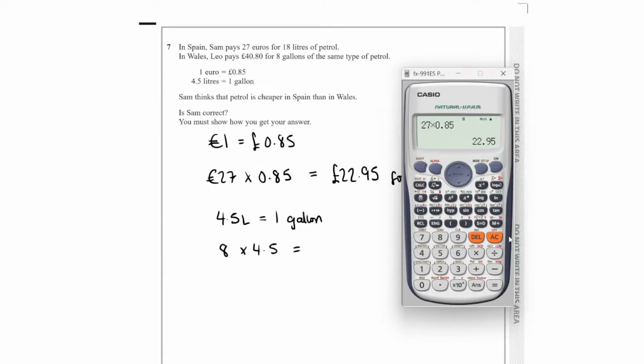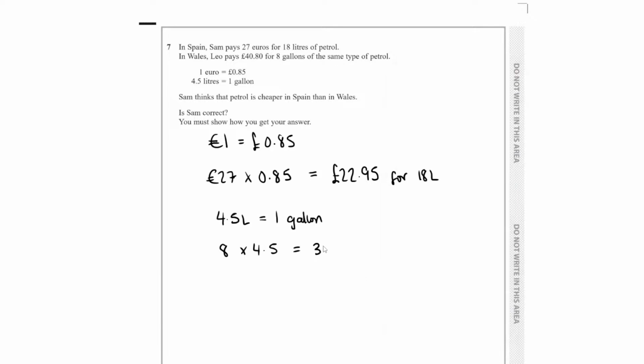So 8 times 4.5, I'm pretty sure, gives you 36. Yep, 36 litres. And then that's for £40.80. So now we've got them both in pounds, both in litres, or whatever version you chose to do, as long as you've got them both in the same currency and in the same measurement, litres or gallons.